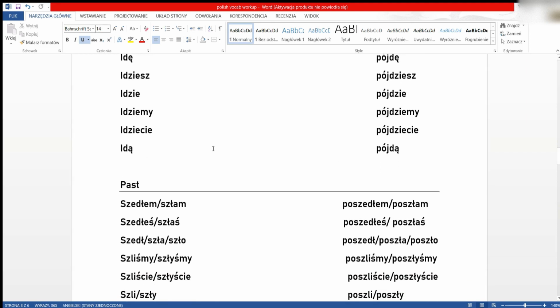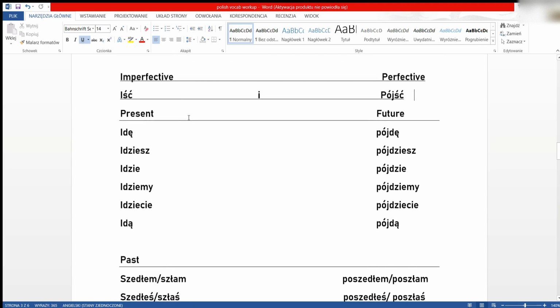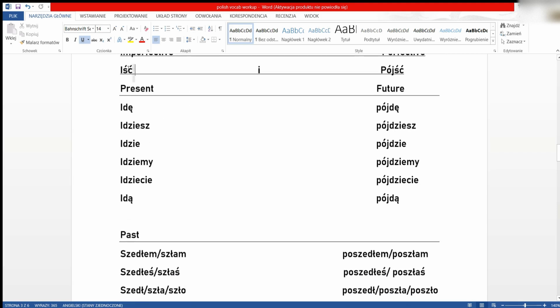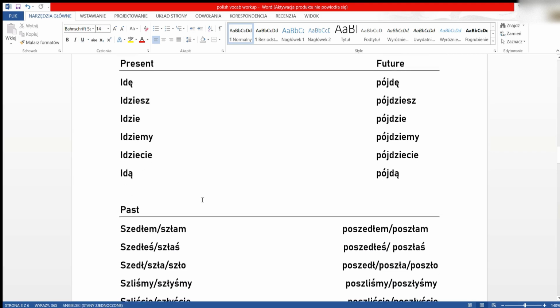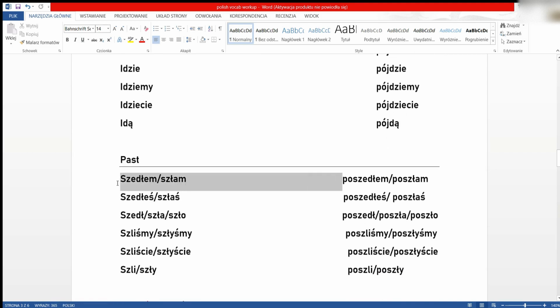The past tense for this verb can be a little bit different from the verb form. It's going to be more like szedłem, szłam, szedłeś, szłaś, szedł, szła, szło. So you've got to learn these by yourselves, because it's just memorizing.